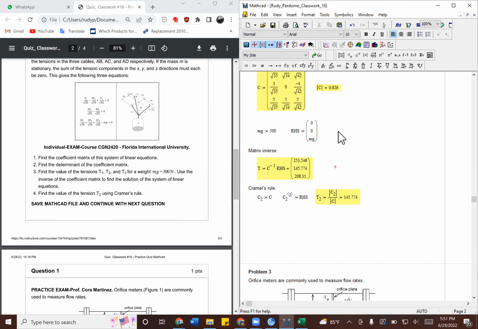Wait, hold on one second. Mg equals 500. Right hand side. Okay, matrix inverse.